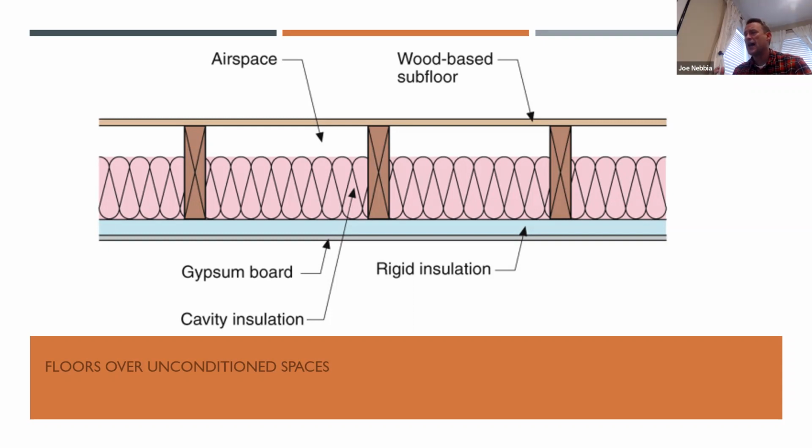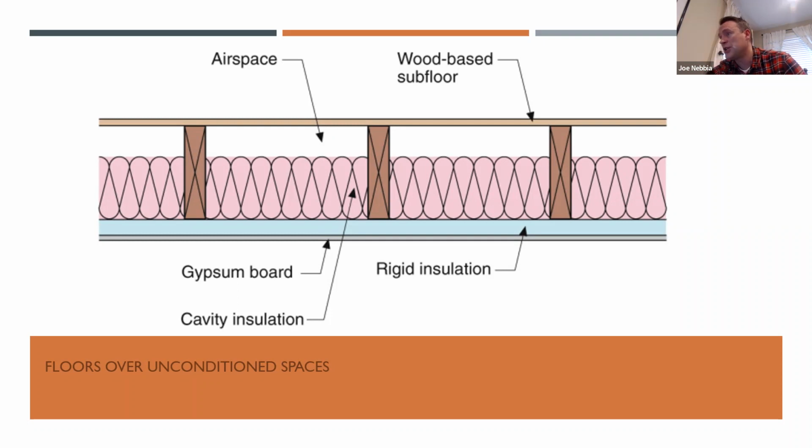Our insulation has three options. It can be installed in permanent contact with the underside of the subfloor above. So that's not what's shown in this picture here. But if that insulation, instead of being installed at the bottom of the joist, was installed at the top in contact with the subfloor, that would be an option.